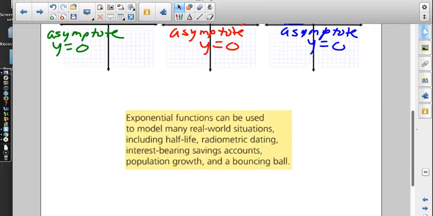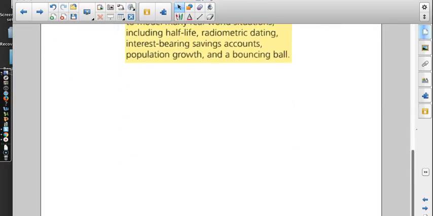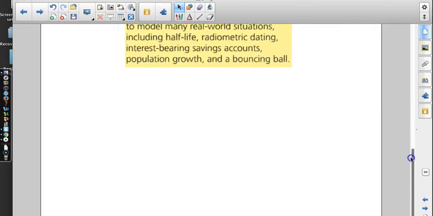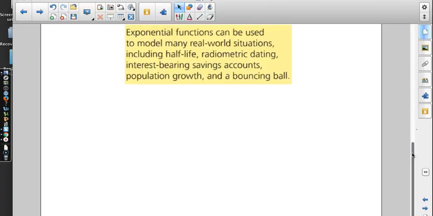And like we see here, exponential functions do model all kinds of real-world stuff. Half-lives. You'll hear how medications have a half-life. A lot of different things have a half-life. But what it means is they lose 50% of their potency. And that's why they put the expiration dates on bottles, to let you know, okay, over time, this isn't going to be as useful as it was to begin with.